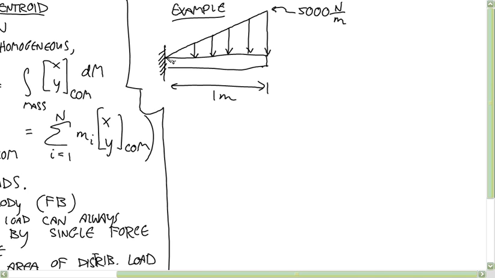Halfway up, it starts at 0 here, so halfway up would be 2,500 newtons per meter. All the way here is 0 newtons per meter, okay? And we want to figure out what are the reaction loads at the left end at the connection with the wall.